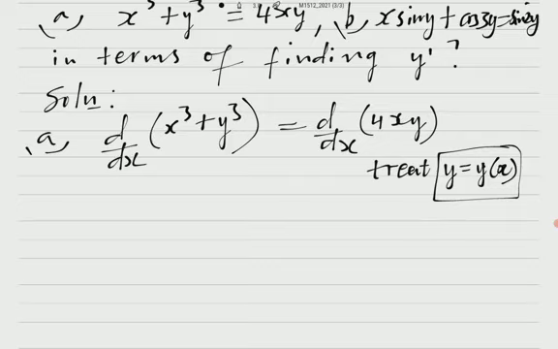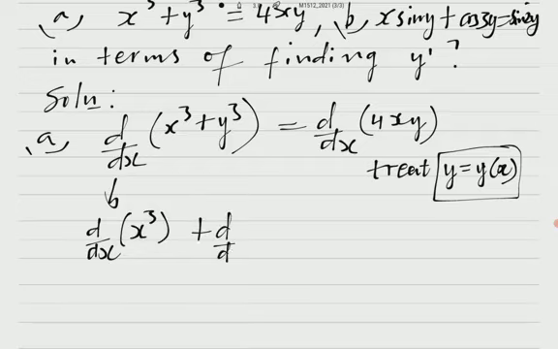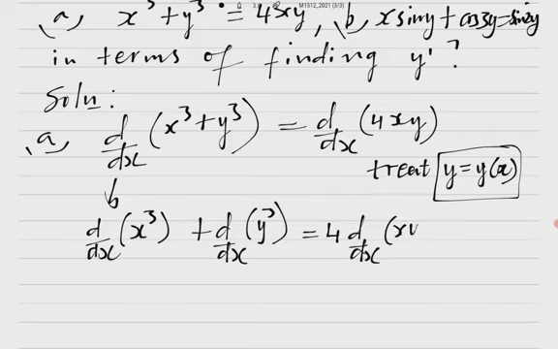That's another thing. So from this part, you can have d/dx of the first portion, which is x cubed, using your summation rule, and then d/dx of y cubed, and then you still have on the right, you can take out 4, then you have d, because 4 is just a constant, of xy.